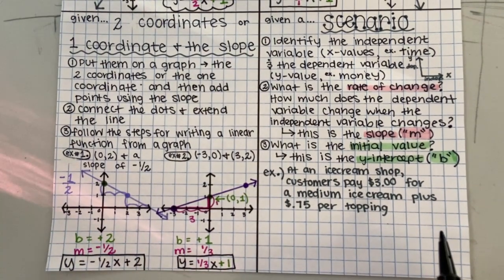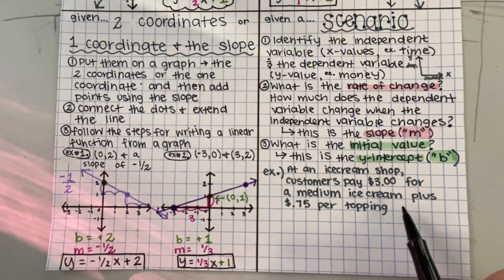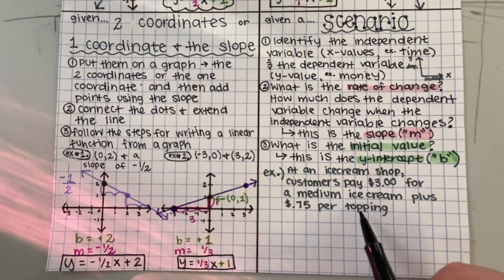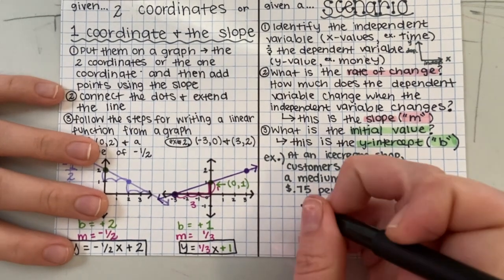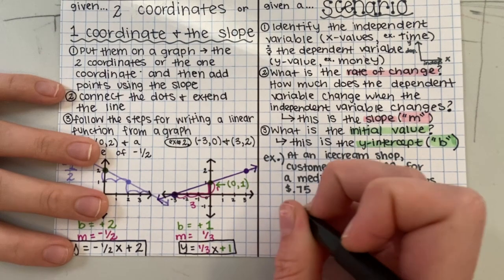What is changing is the cost of my ice cream. The cost of my ice cream is going to depend on the number of toppings I put on it. If I want to see this just numerically, I can think about it as, okay, this is going to be how much my ice cream cost.